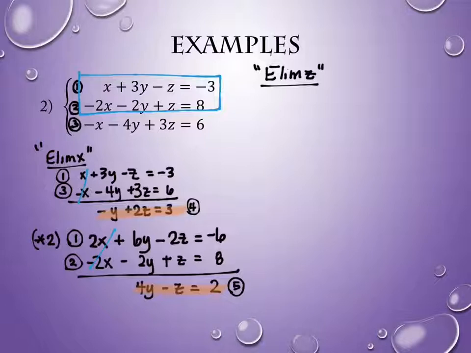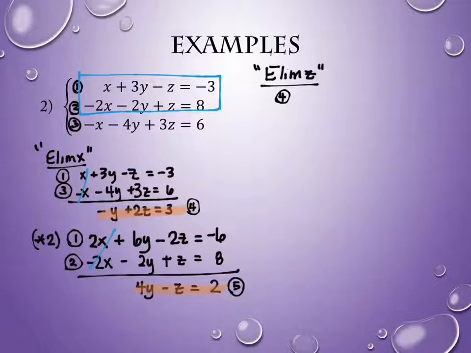If you take a look at the 2 equations that I've highlighted in orange, if I add them together right now as is, that will not eliminate z, right? But what do I need to do in order to make that happen? Multiply equation 5 by 2? Sounds good to me. Okay, so equation 4 is going to stay the same.